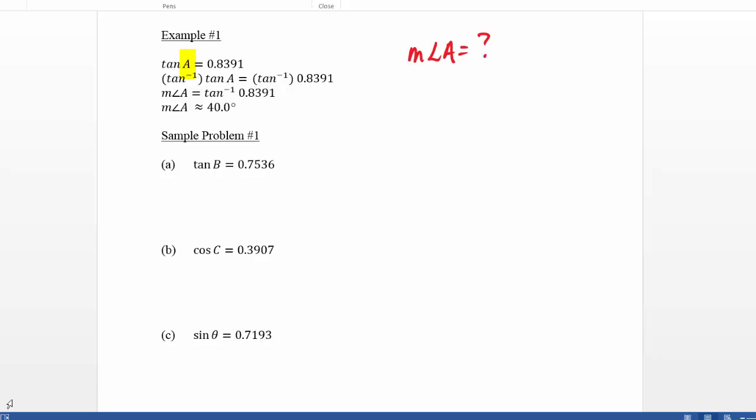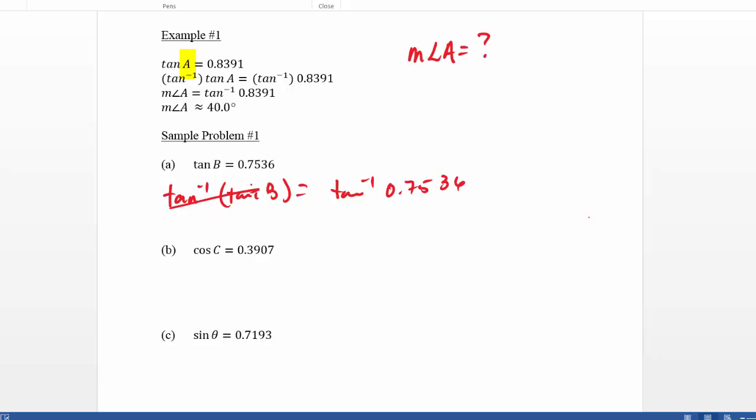Okay, I'll just go ahead and work through this with you really quickly. I know that if I take the inverse function of both sides, I'm going to say the tangent inverse times the tangent of B equals the inverse tan of 0.7536.